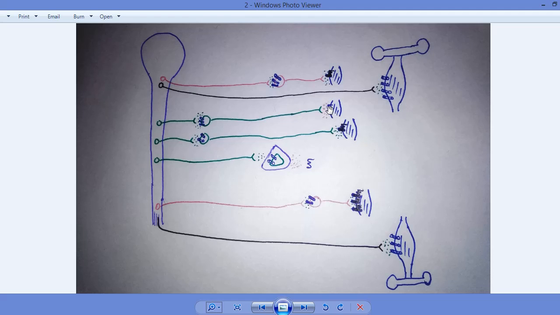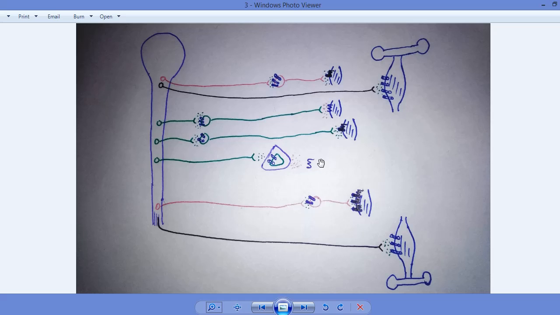This receptor may be alpha 1, this may be alpha 1, this may be alpha 2, this may be beta 1, beta 2, or beta 3. So among the 5 types of receptor, these may be one of them. This was all about the receptors which are present in the autonomic nervous system and somatic nervous system.